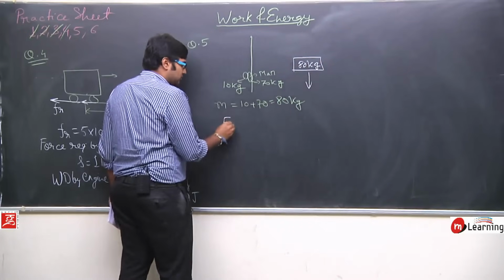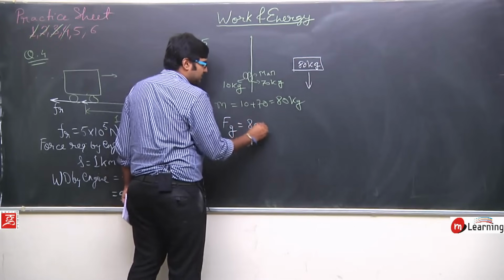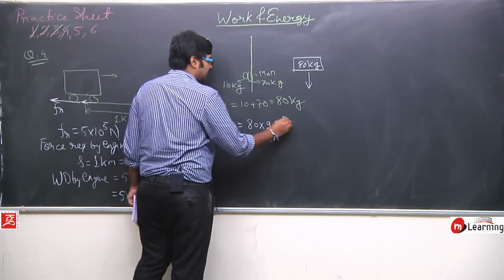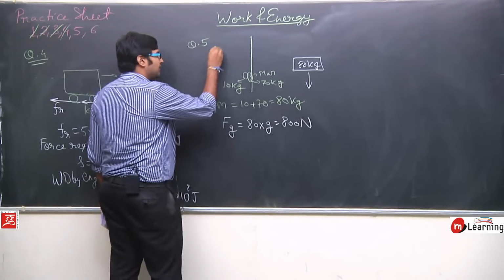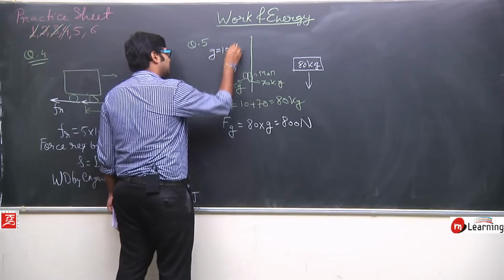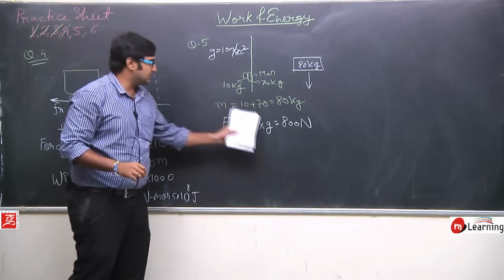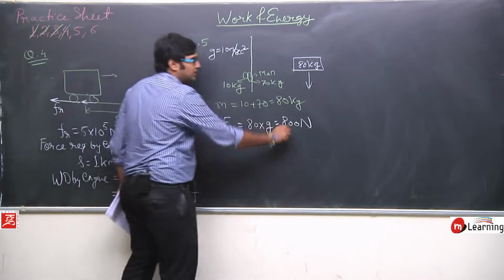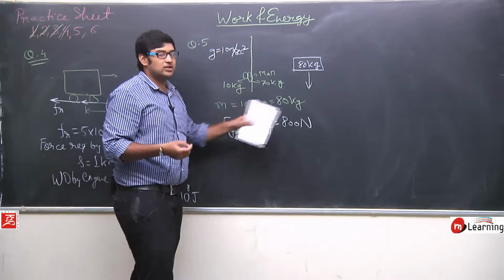The force due to gravity will be mass into acceleration due to gravity, that is 80 into 10, that is 800 newtons. The acceleration due to gravity is given as 10 meters per second square. So you are given this data and this is the force applied by gravity. Now the man has to nullify this force, the man has to counter this force.